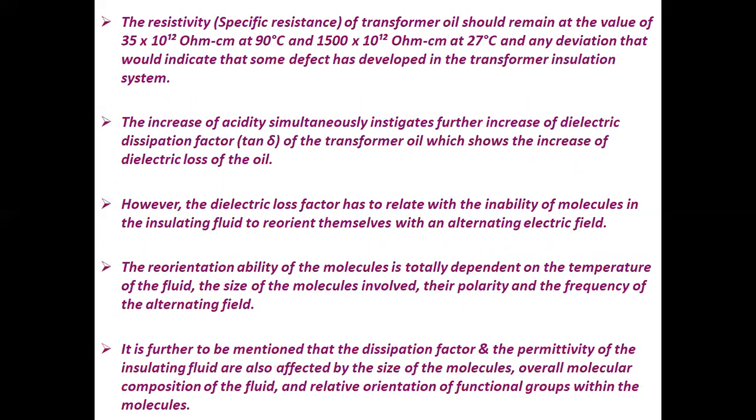And any deviation would indicate that some defect has developed in the transformer insulation system. The increase of acidity simultaneously instigates further increase of dielectric dissipation factor, that is tan delta, of the transformer oil, which shows the increase of dielectric loss of the oil.